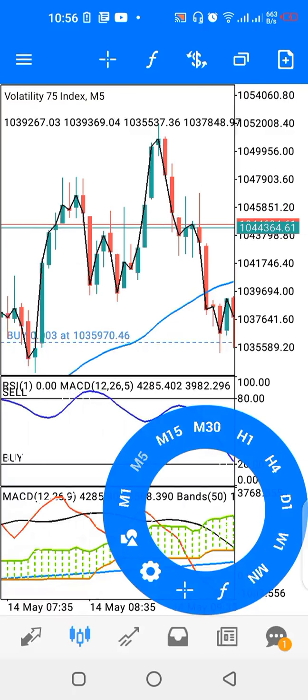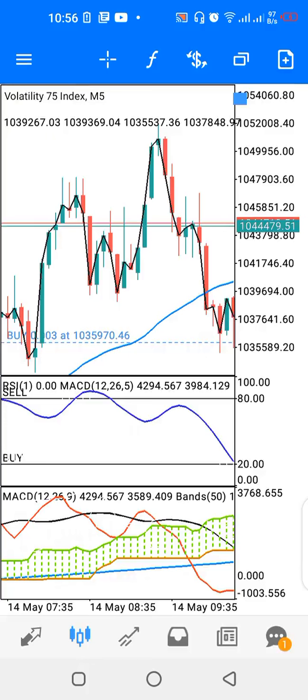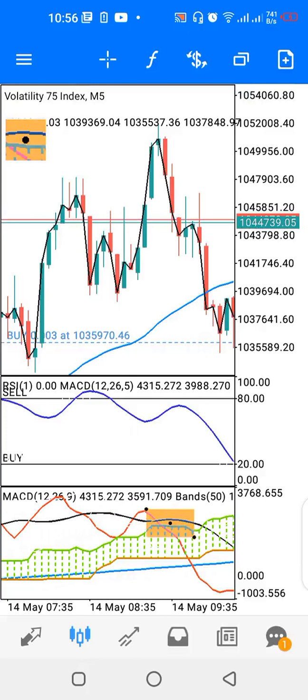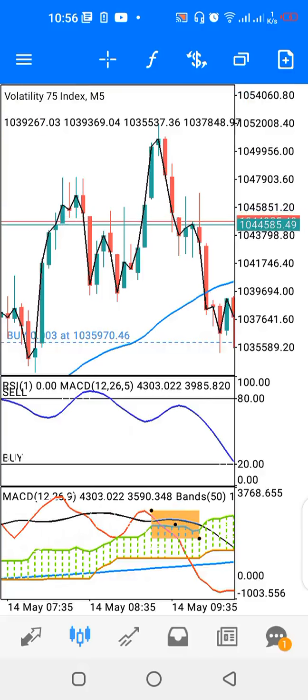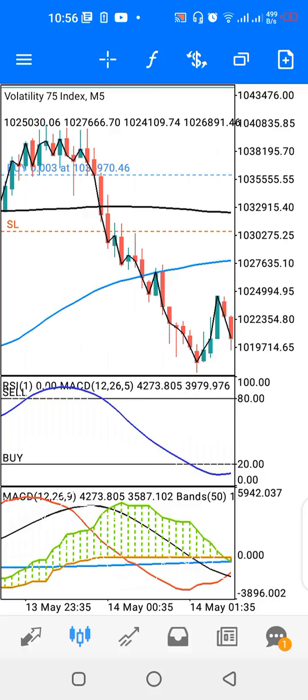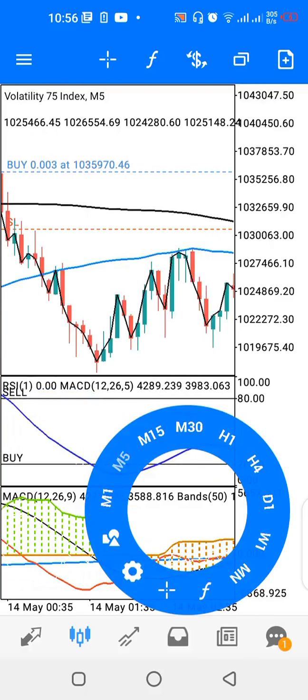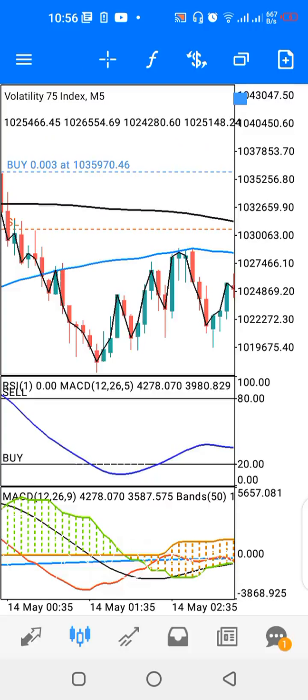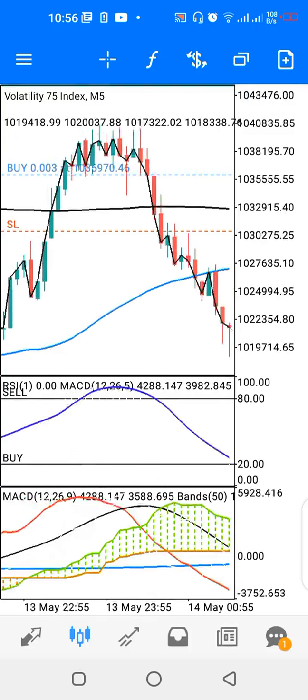When the two lines, the red and the black lines, drop from the top and touch the top of the Ichimoku, that's your sell signal. From the bottom, if the red and the black lines touch the base of the Ichimoku, that's your buy signal.